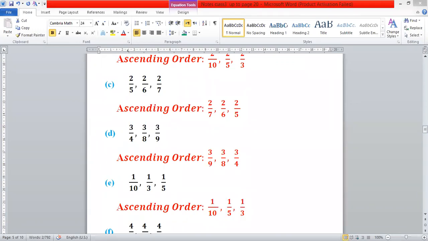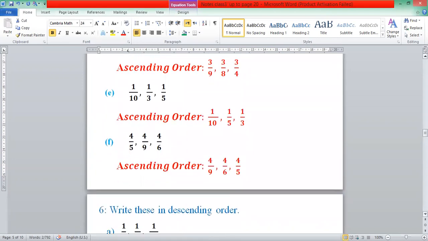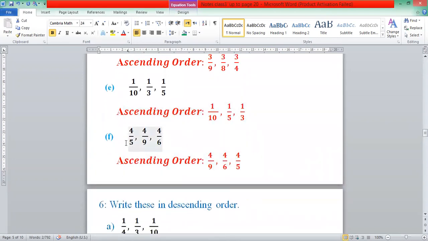Now I am moving to part F. You can write as it is 4 over 5, 4 over 9, 4 over 6. Write 4 over 9 first, then 4 over 6, and then 4 over 5.